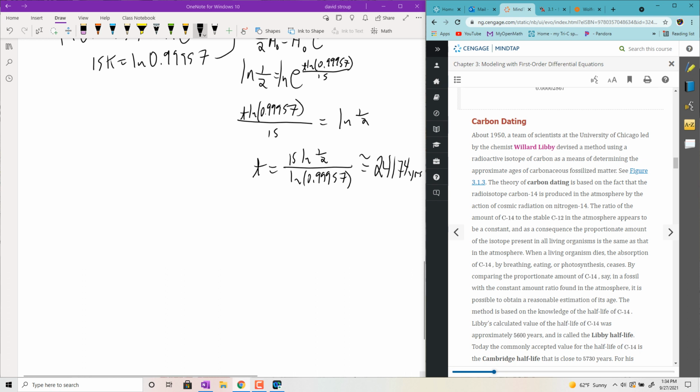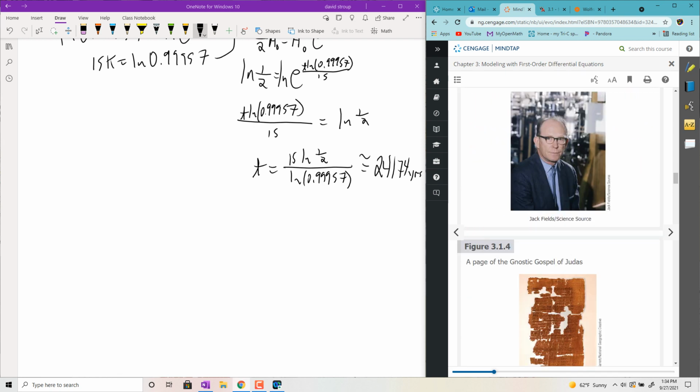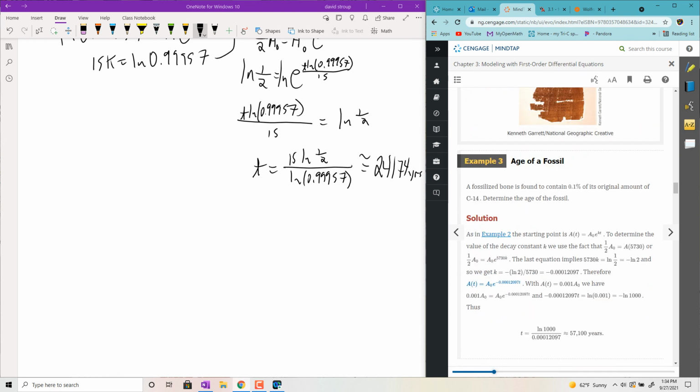Apparently, once an animal or something like that dies, it's going to stop absorbing carbon-14. It'll start to decay. So if you know enough information, you could determine how long that object has been deceased.